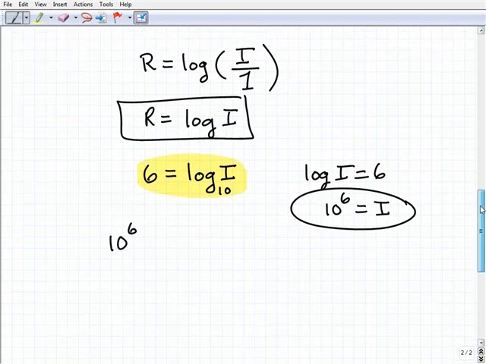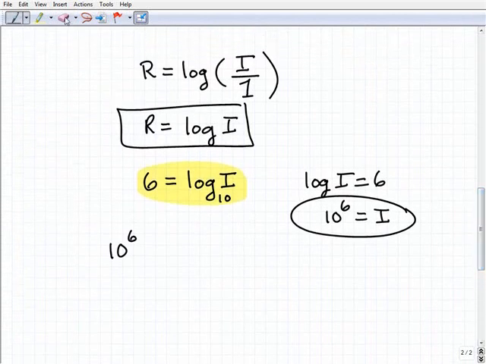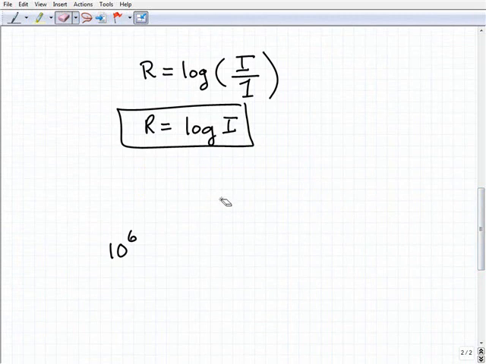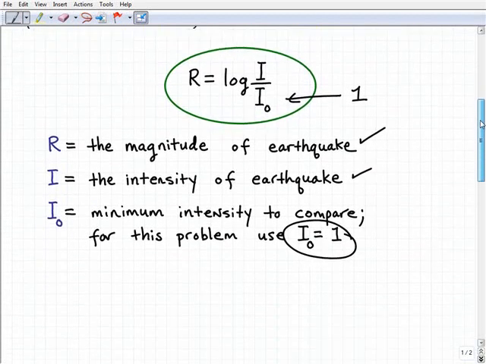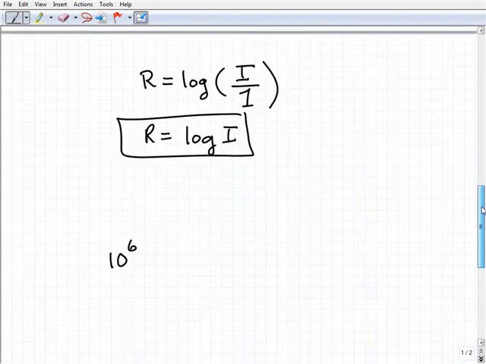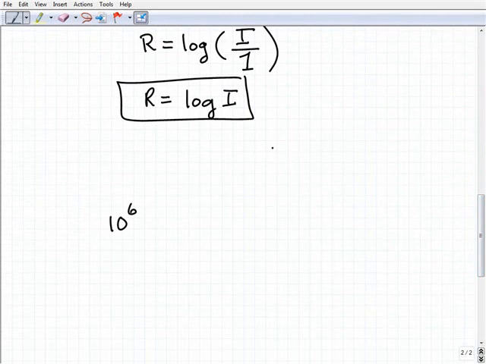All right, let's do the exact same thing, but now let's figure out the intensity of the 4.5 magnitude earthquake. See if you can do that. Write it this way: log I equals 4.5.